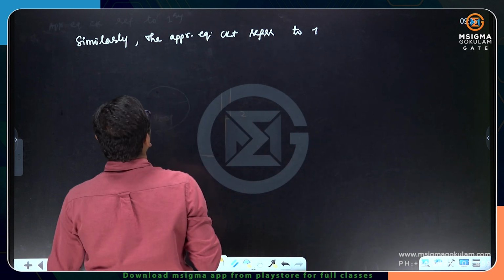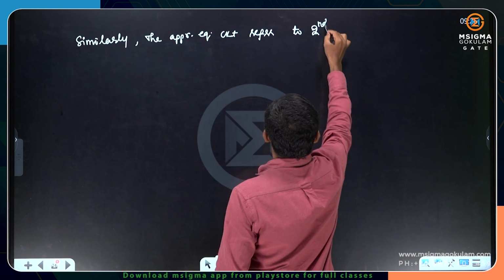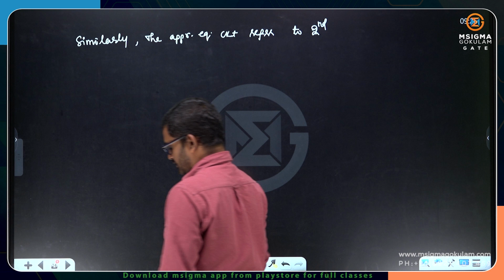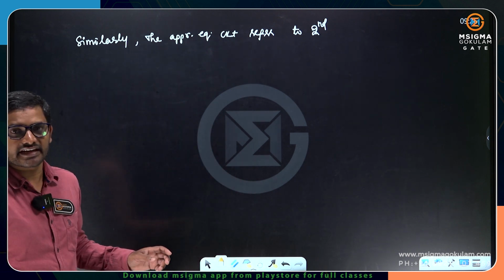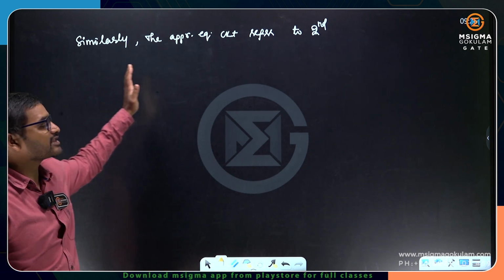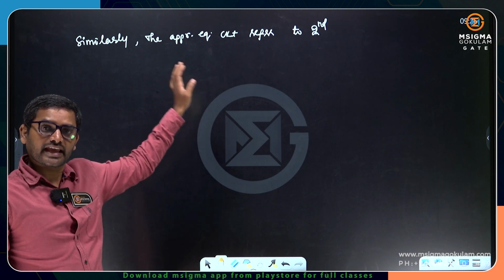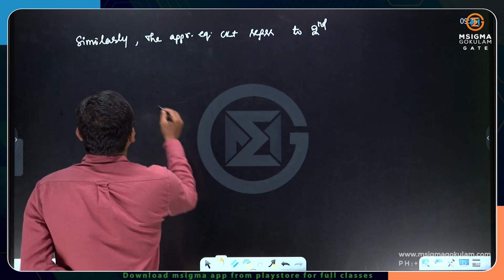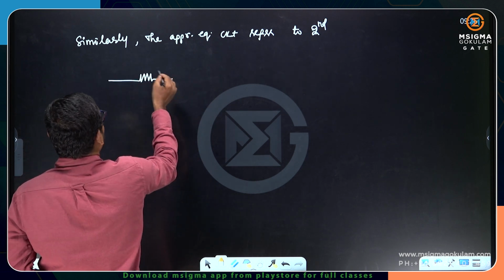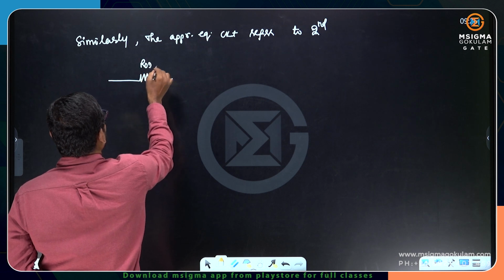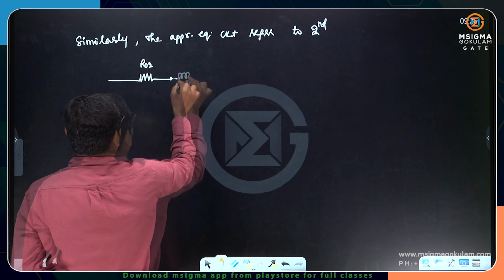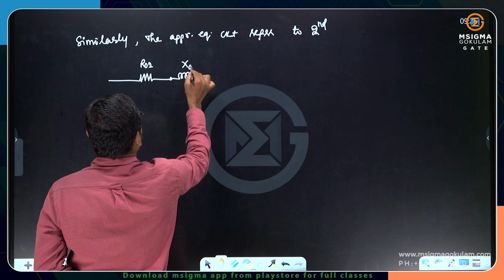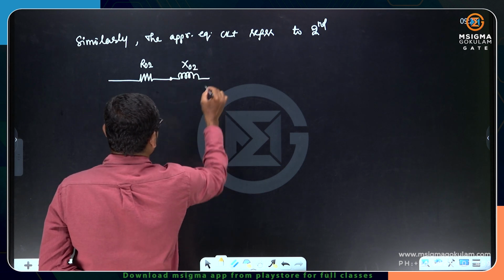Oh, did I write secondary here? Primary. This is secondary. Okay. So if I refer to the secondary side, primary winding parameters will become R1 dash, X1 dash. So we will be getting R2 plus R1 dash, the total resistance referred to the secondary side, and X2 plus X1 dash, the total reactance referred to the secondary side.